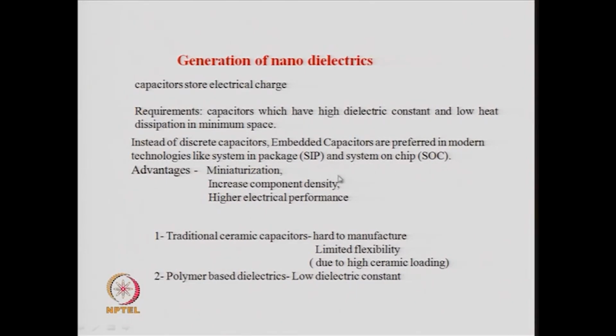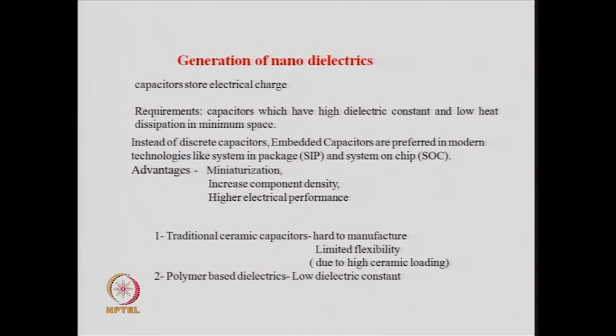And in this kind of embedded capacitors, which are used in all modern technology, the advantage is if you can miniaturize them, then you increase the component density, the number of components per square inch, and that increases its performance. So, overall you want to miniaturize, you want to increase component density, and so you want to get the highest performance of the device.